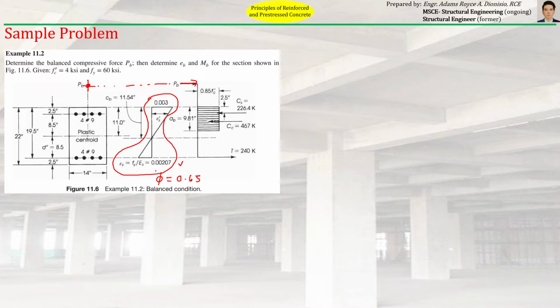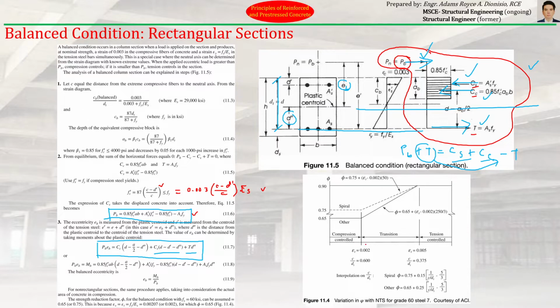If you can remember, we can say it is compression controlled if the tensile strain, which in this case is equal to the yield strain, is greater than or equal to 0.002. This is obviously greater, so most probably it falls in the compression controlled case.